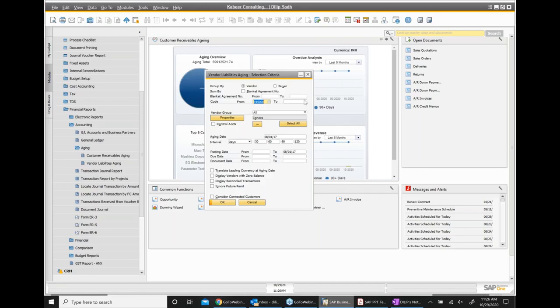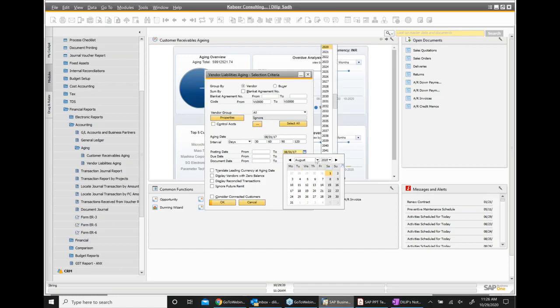Do I want an interval of 30 days, 60 days, 90, 120 days? And then posting date from this to which month. Let us say I want postings done till October 29th. So till today, what posting we have done for this vendor, and then we hit enter.